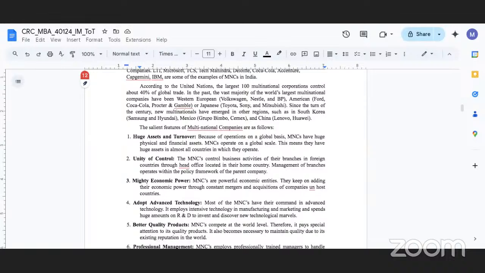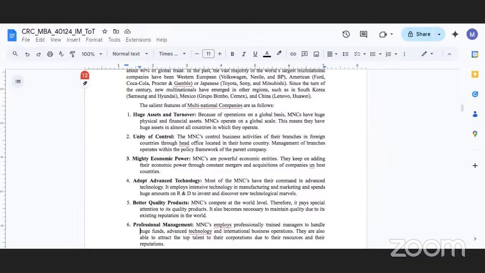But over the turn of the century, we have seen that multinationals have emerged in other regions as well. For example, in South Korea, we have seen Samsung TVs and phones and other products, Hyundai cars, as we are all familiar with. In Mexico, they have come up with Grupo Bimbo, Cemex, and in China, Lenovo and Huawei. These are all products which are familiar for us. Of course, Mexican products are not really very targeted to Indian markets.